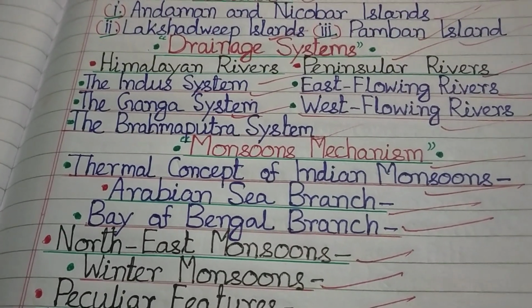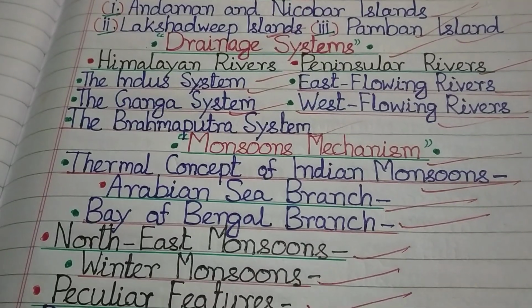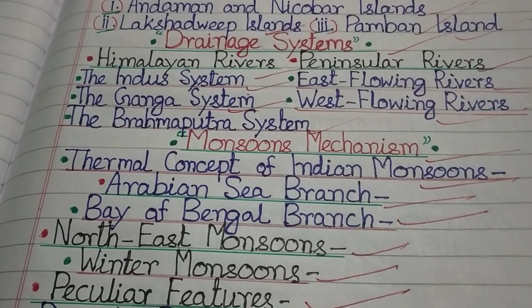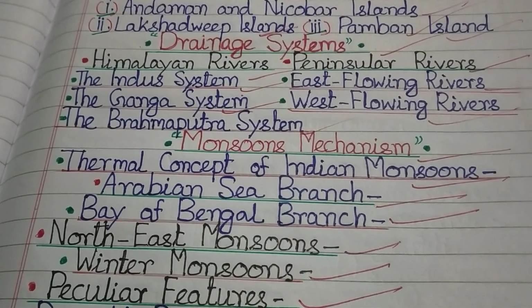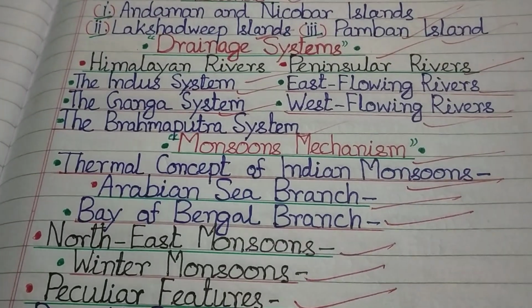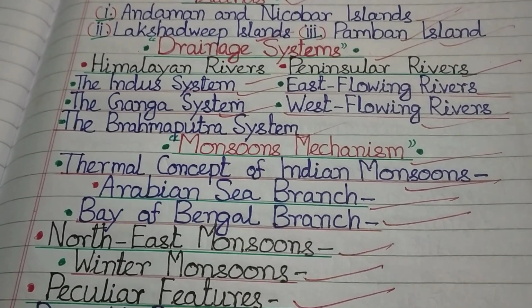The Sutlej originates from the Rakas Lake, situated at an altitude of 4,555 meters in Tibet. Rakas Lake is connected with the Manasarovar Lake by a stream. The Sutlej enters India through Shipki La.